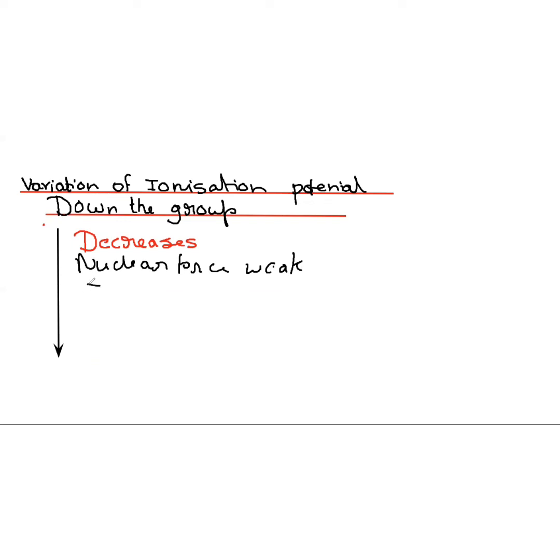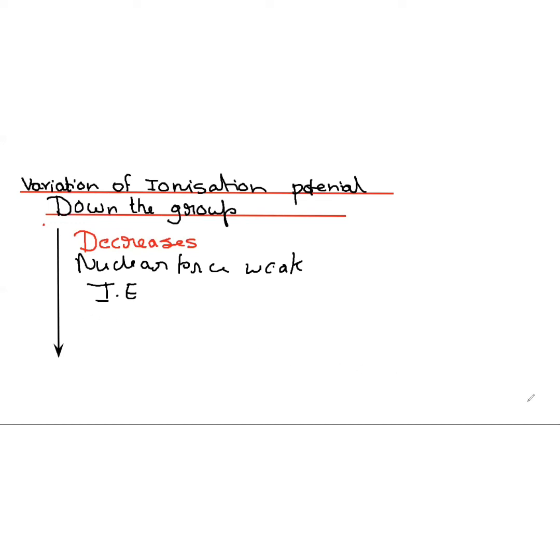It means the ionization potential, or ionization energy, which is the same thing, is going to decrease. Less energy is required to come out of the atom, because the nuclear force is weak. So less energy is required by an electron to come out of an atom. Hence the ionization potential is also going to decrease down the group.